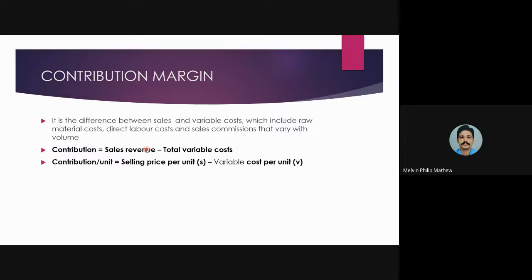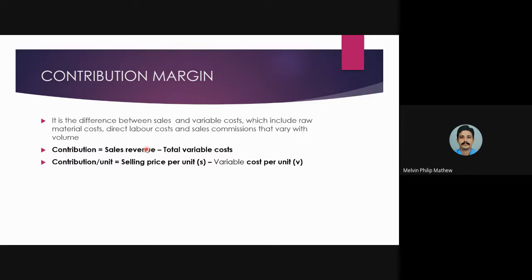It is the difference between sales and variable cost. And it includes raw material cost, direct labor cost, and sales commission that vary with volume. According to volume, the cost differs.